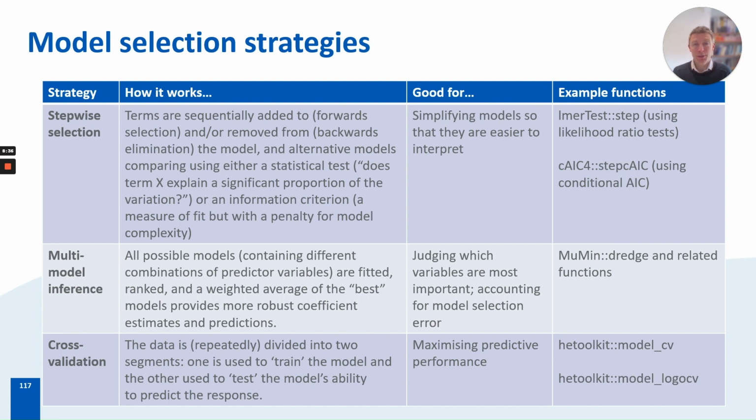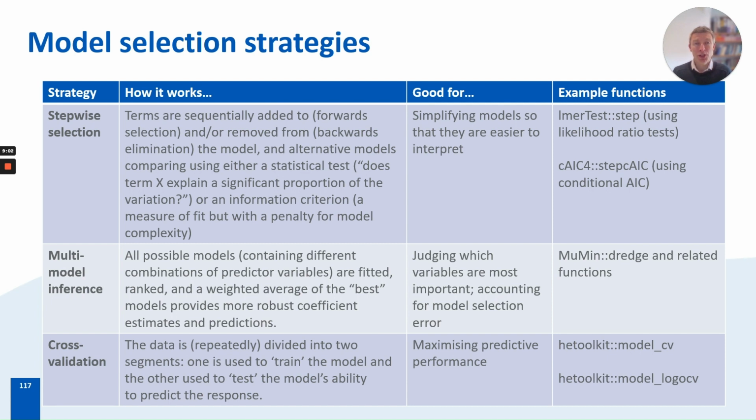This approach is particularly useful if we want to judge which variables are most important. The variables which have the greatest influence on the response variable will tend to float to the top and will be present in the best models that we fitted. Equally, a predictor variable which is relatively unimportant will feature much less commonly in that top slice of best models.